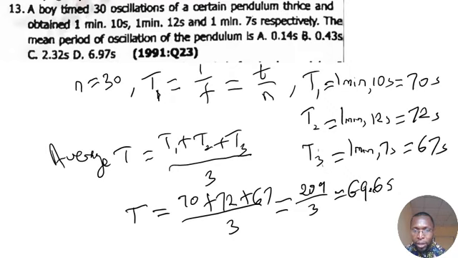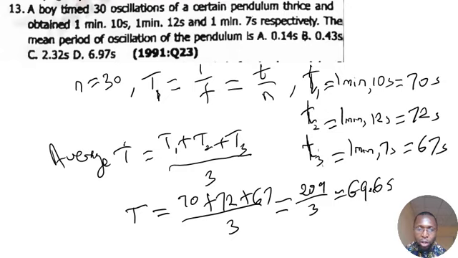So our T1 that we have used here is actually small letter t1, small letter t2, small letter t3, because we have to find the mean period. Now to get our mean period, we need to first get our mean time.